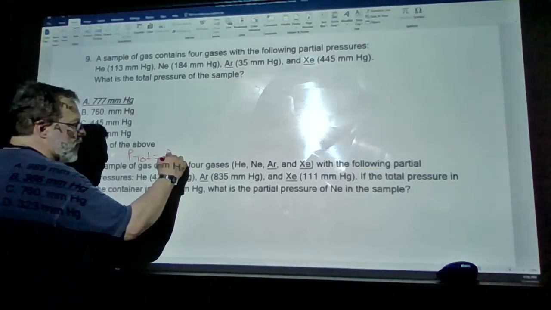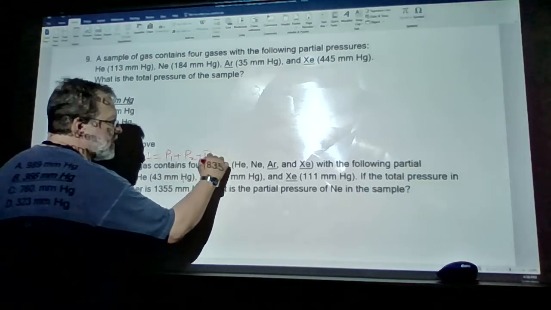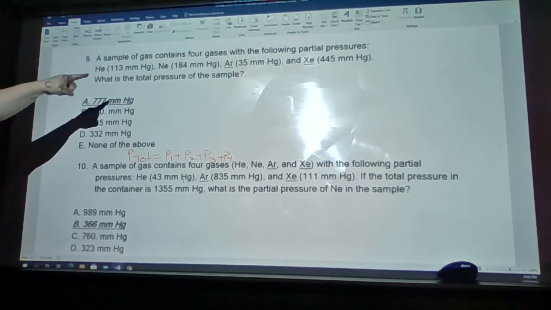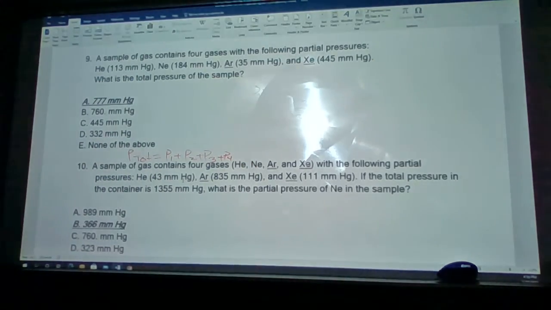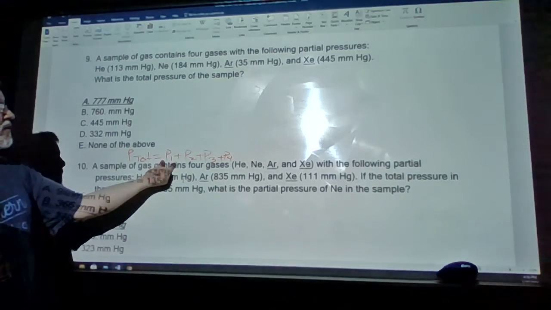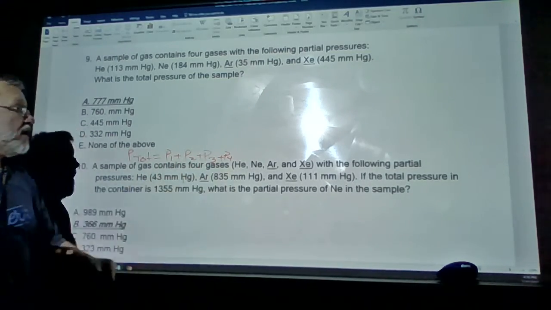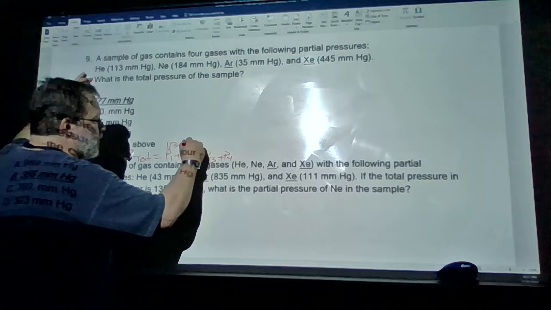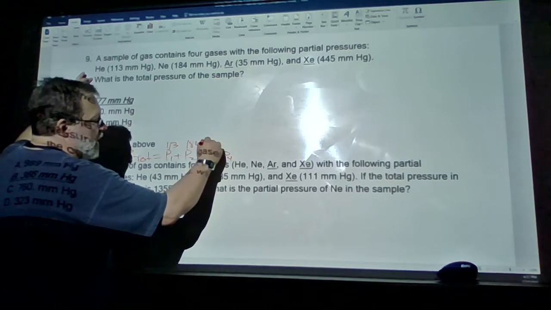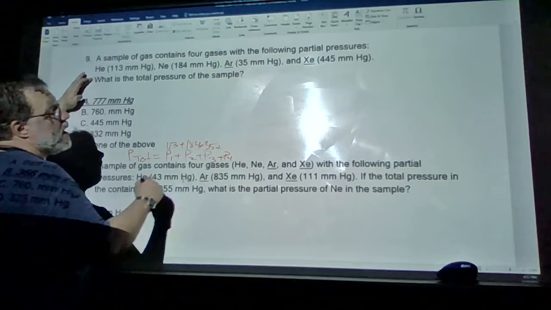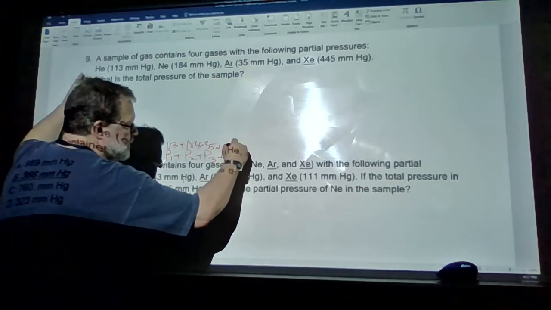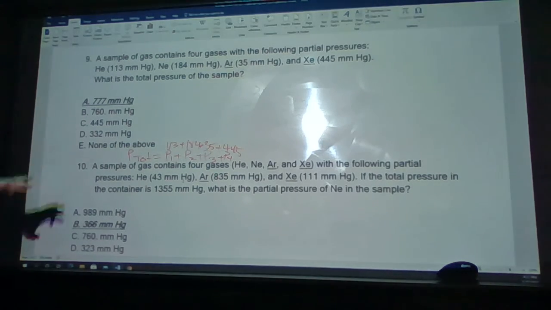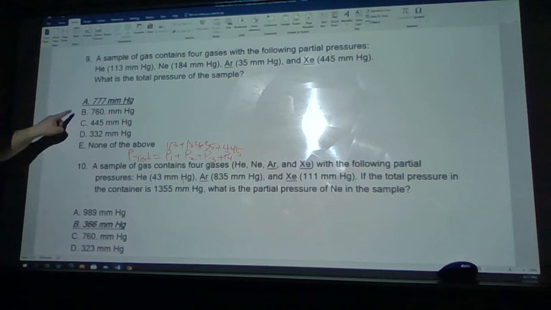P total is equal to the partial pressure of each of the component gases. Here we have 4 components: helium, neon, argon, and xenon. So helium is 113, neon is 184, argon is 35, plus xenon is 445. So 445 plus 35 plus 184 plus 113 comes to 777 millimeters of mercury. Answer A.